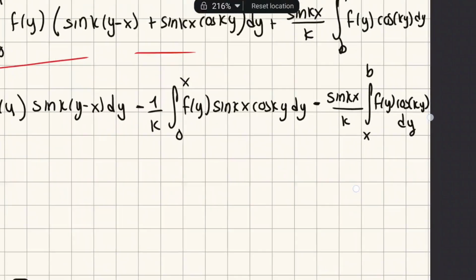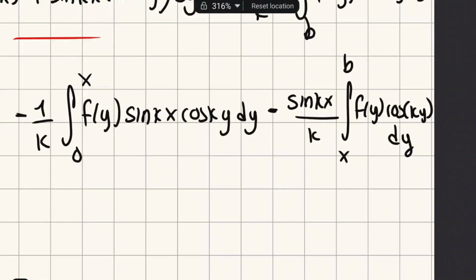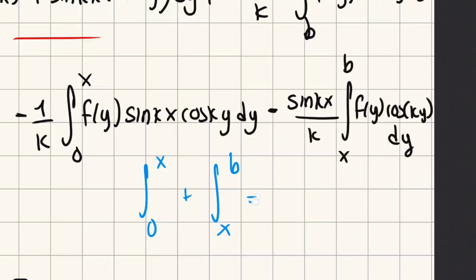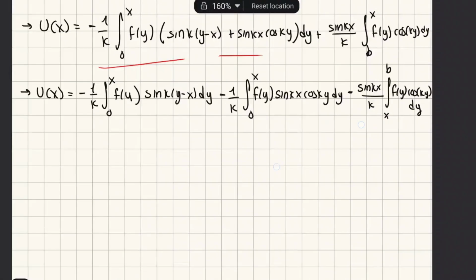Perfect. Notice that after making this switch of limits of integration, we have again an integral from 0 to x plus an integral from x to b. So this will be an integral from 0 to b. Of course, we have the same argument in both integrals, right? We have f of y sine kx cosine ky, and the same thing here. So we can do that without any problem.